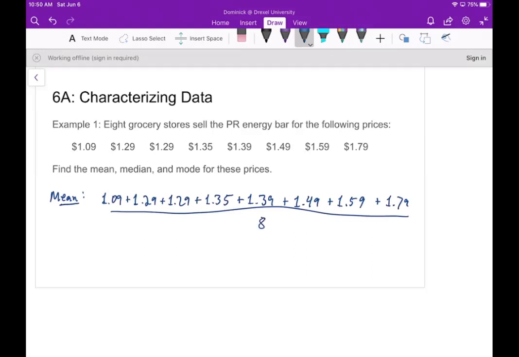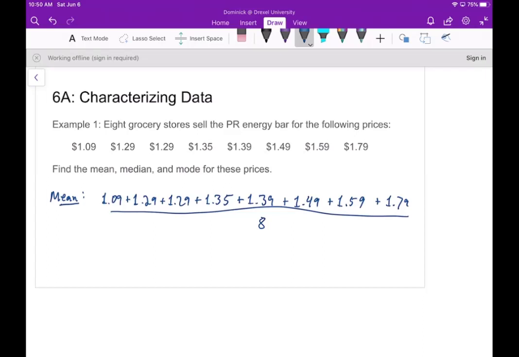So if we grab our calculator and we punch this in, so 109, 129, 129 again. That should be a flag going off about one of our other averages, but we'll get to that. Plus 139, 149, 159, and 179.